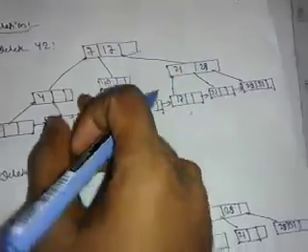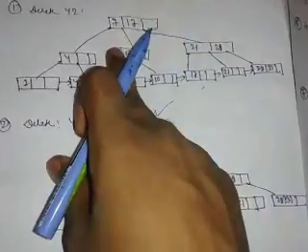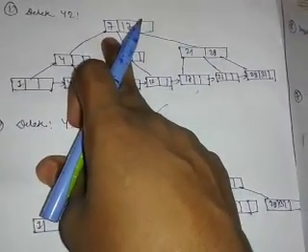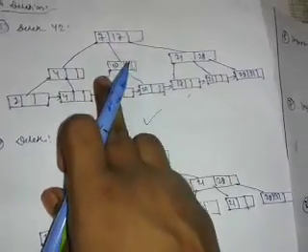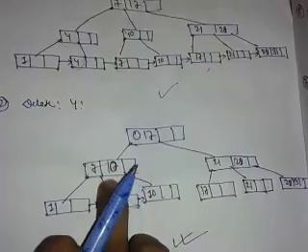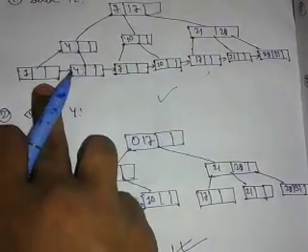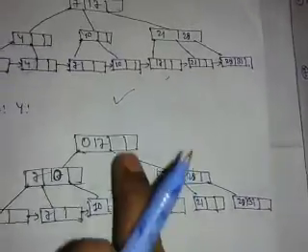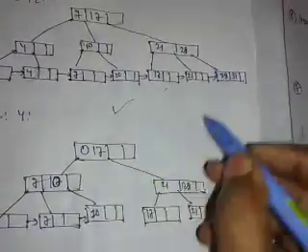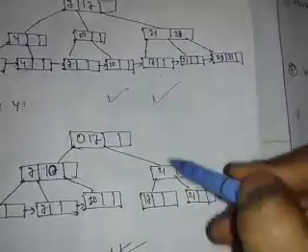So 4 has been deleted, so it becomes 10 and 7, because we no longer need 7 on the upward node, so we bring down 7 to the lower node, and we just copy the previous elements, whatever elements we had previously. 4 is deleted, so 7 is there, 10, and on this side whatever elements were previously here are just copied here.